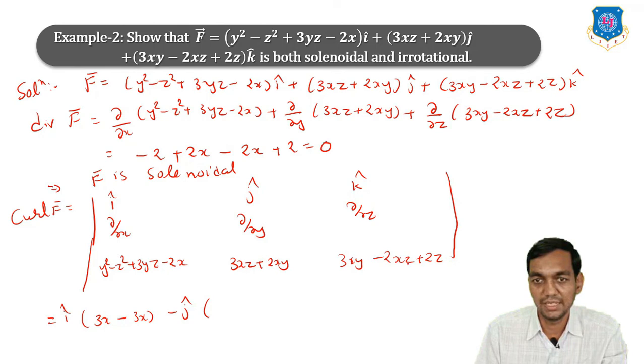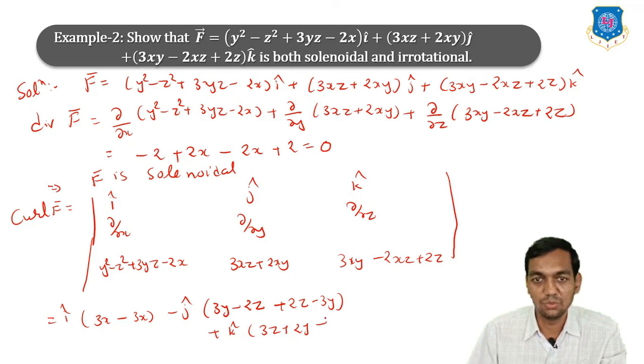Derivative of this term with respect to x will be 3y minus 2z, and derivative of this term with respect to z will be minus 2z, that means plus 2z minus 3y, plus k into derivative with respect to x, that is 3z plus 2y, minus derivative of this term with respect to y, that is 2y, so minus 2y and minus 3z, and that means this will be 0, this will be 0, this will be 0. So you have 0i plus 0j plus 0k.